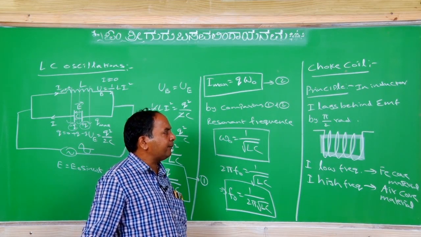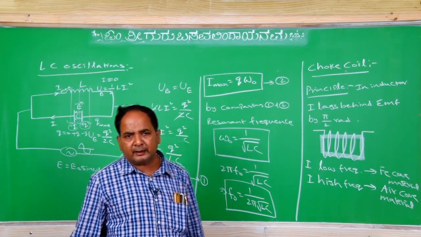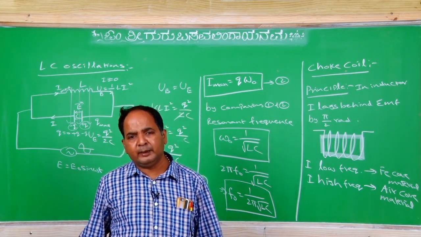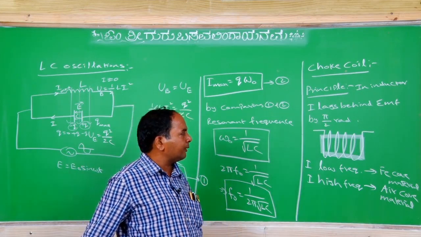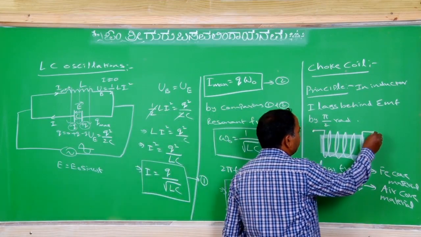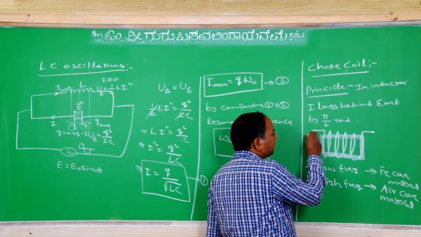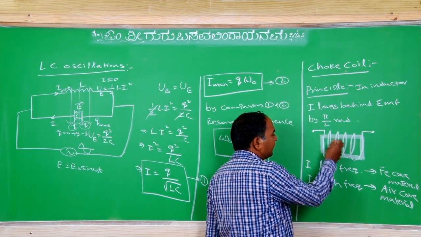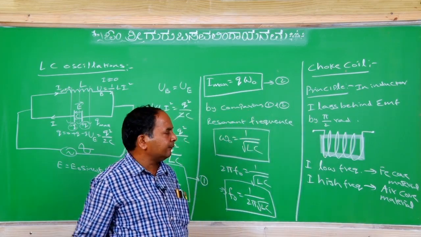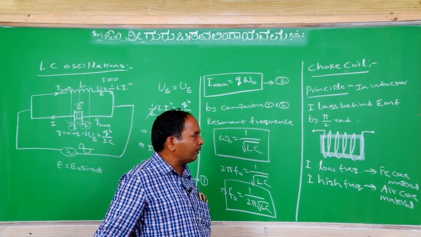So if the choke coil is considered on one rectangular or cylindrical frame, one wire is wound, and both end terminals are connected to the terminals of the tube. When the current passes through it, if electrical leakage is there, eddy currents are formed in the core.